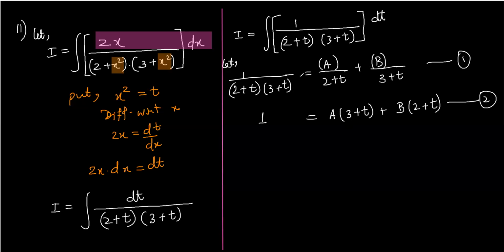Then one single fraction, which was not integrable as it is, you transformed into two fractions, and then you integrate each one of them. You know, integrating 1 upon 2 plus t dt is log of 2 plus t. That a and b you will have taken outside the integration sign, because a and b will be constants. Okay, so this is how you do it. I have taught.